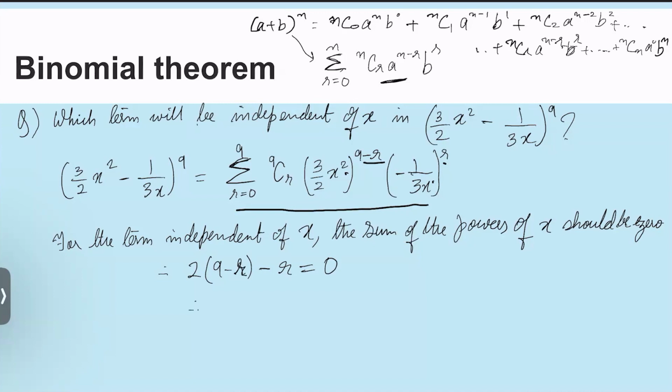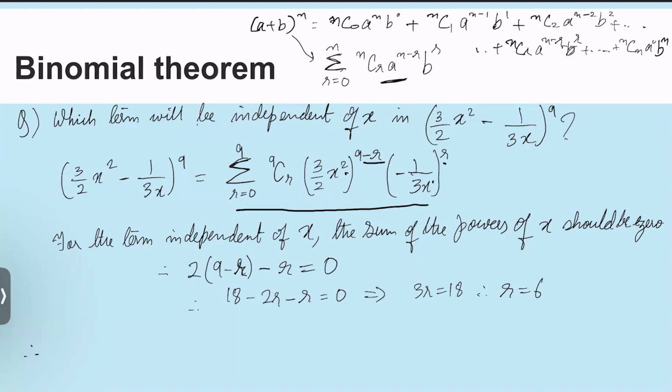So therefore, this will be 18 minus 2r minus r is equal to 0. So this is going to be 3r is equal to 18. So therefore your r is equal to 6. Okay, so your r is equal to 6.